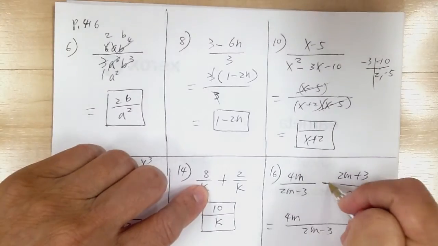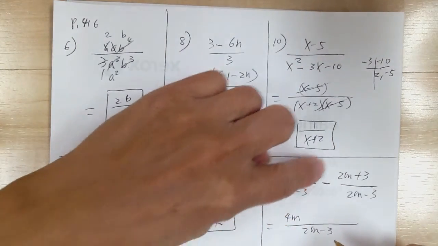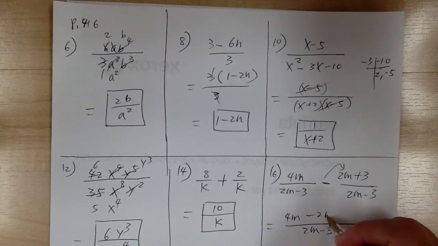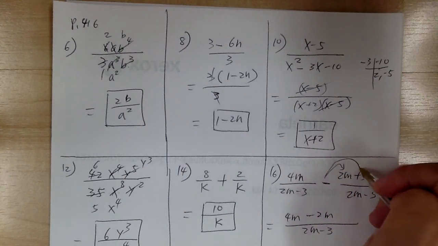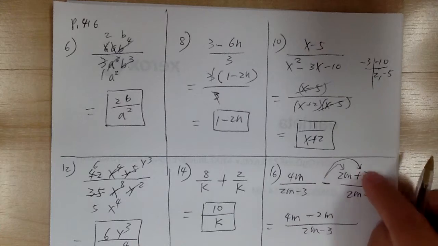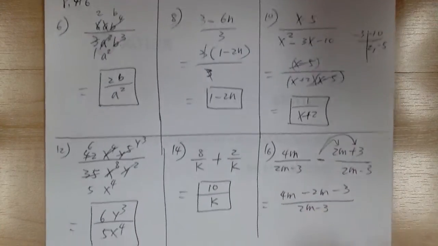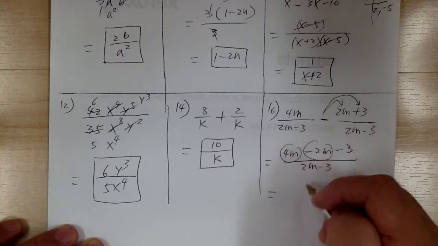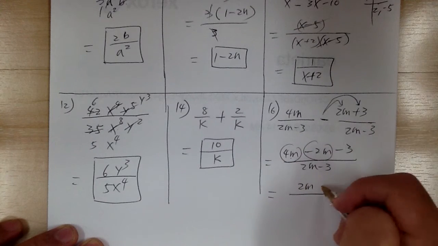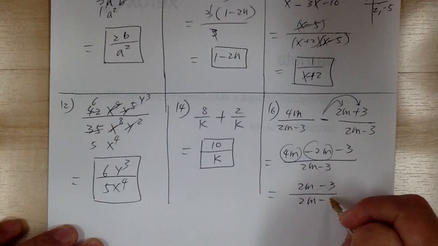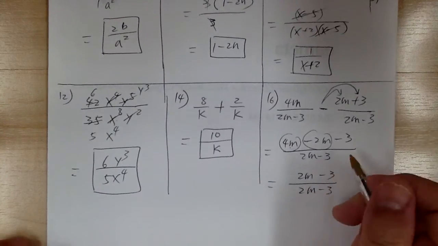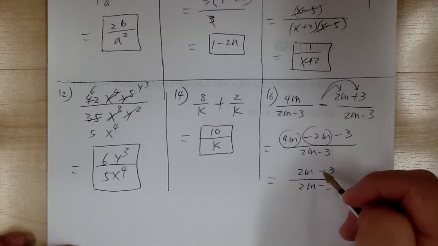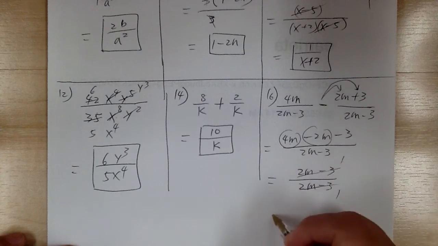When you have subtraction, you want to do one more step by changing the sign. You have to distribute the sign over, so it becomes minus 2m, and this is what a lot of people will forget, so make sure you distribute to become minus 3. Now you can combine the like terms, so this becomes 2m minus 3 over 2m minus 3. Since they are the same, you can cancel out. When you cancel, it means you're dividing, so you get 1. So the answer will equal 1.